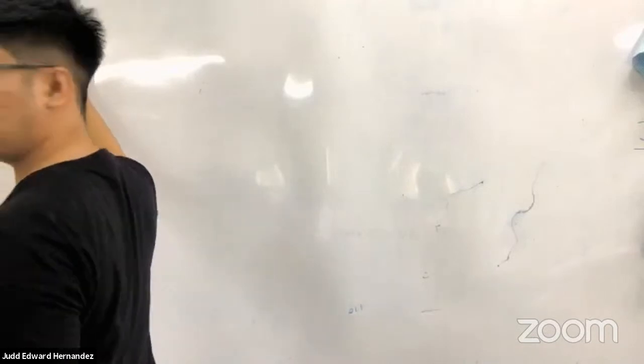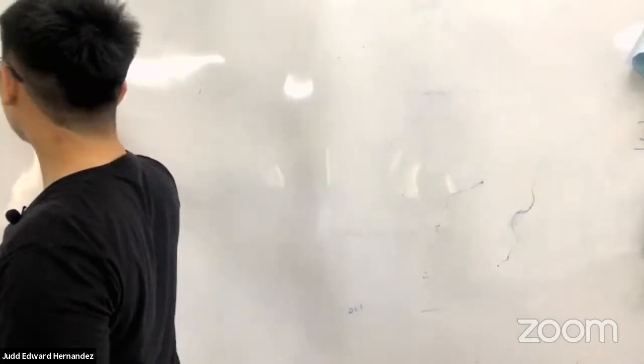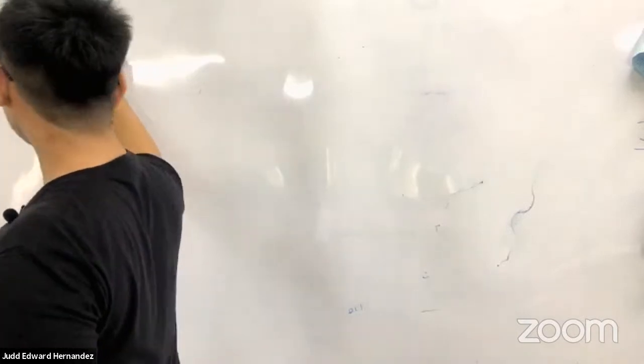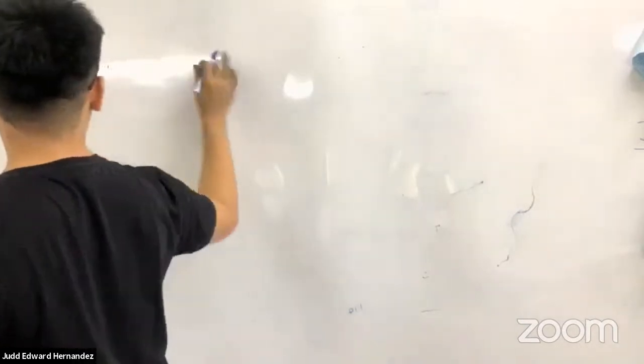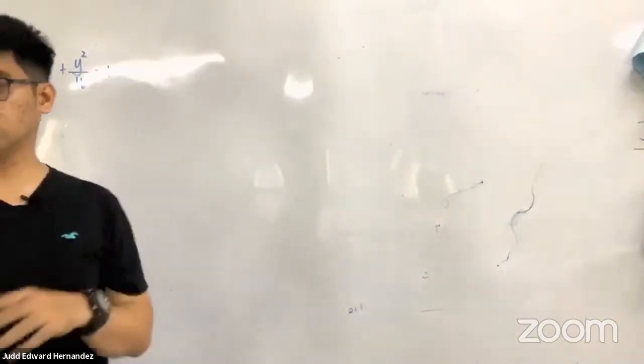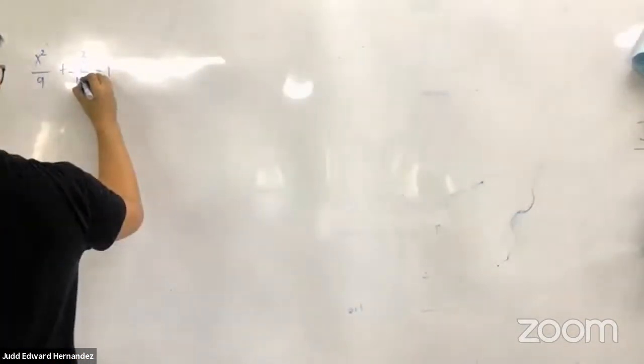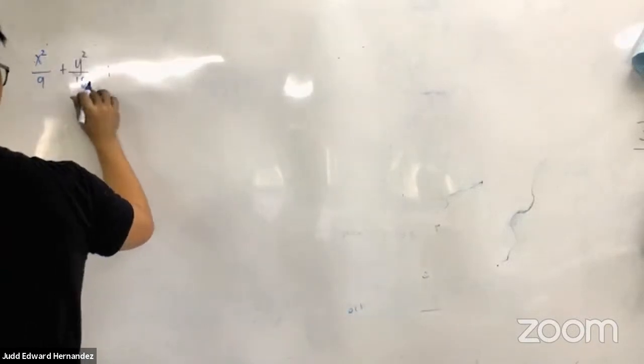So what if we're given x squared over 9 plus y squared over 16 is equal to 1? Masyado ba lang maliwanag? 16 to guys ha. Y squared over 16. So I'll be giving you 2 to 3 minutes to try to sketch the ellipse.